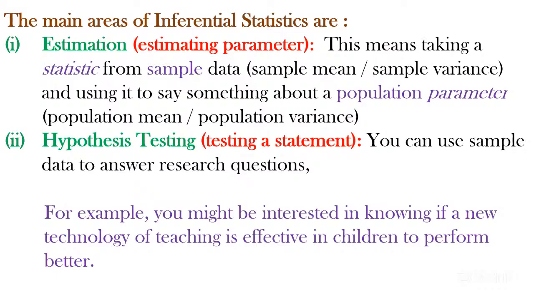Of course, by observing also you can say, for example, before implementing the technique the students' marks are very less, the score is less. After implementing the technology, the scores are better. But just by observation, a paper would not rely. We have to go for hypothesis testing.